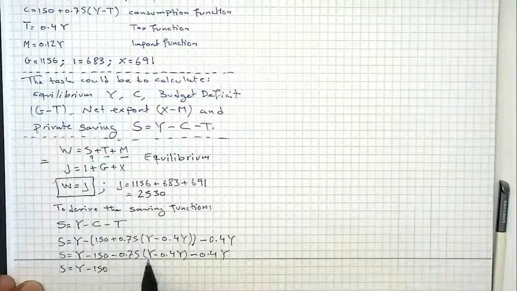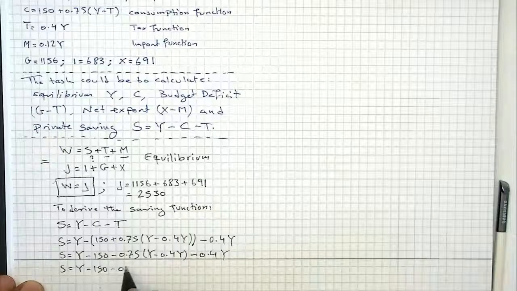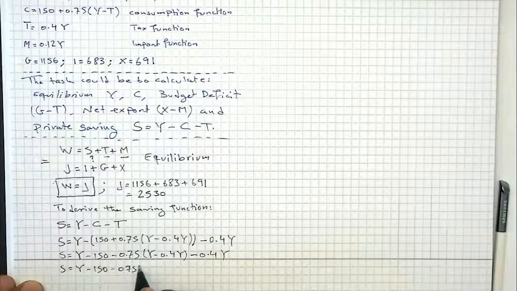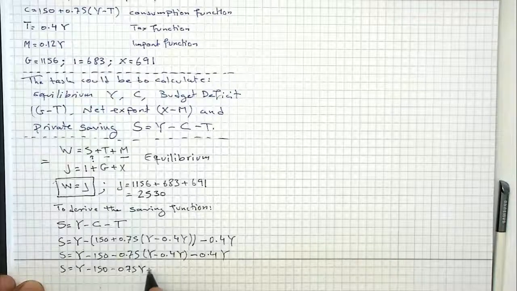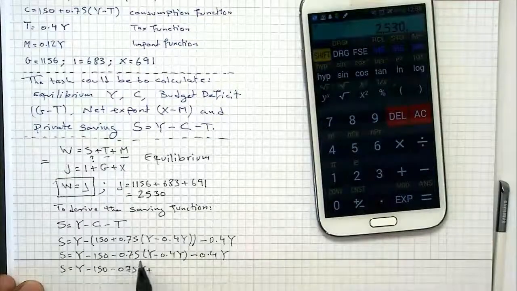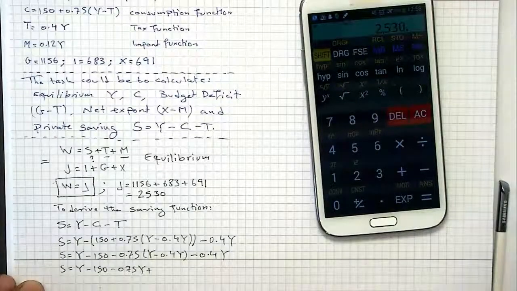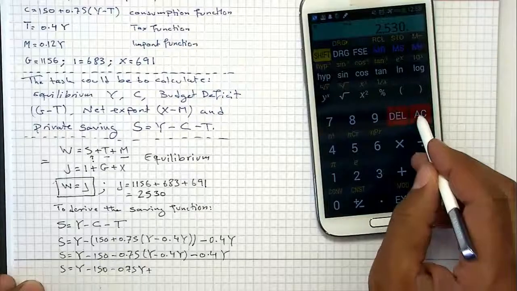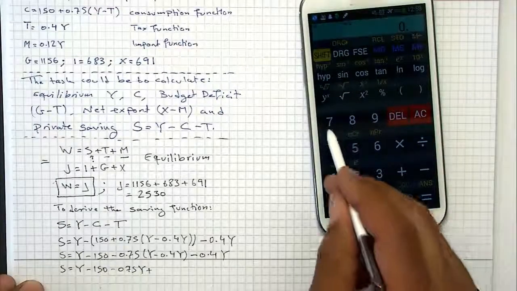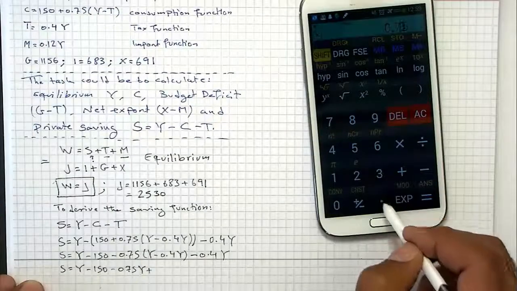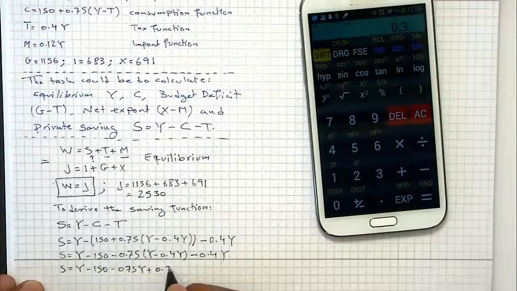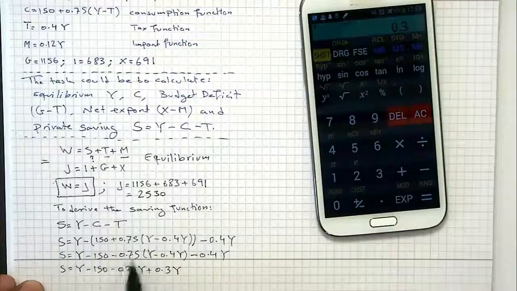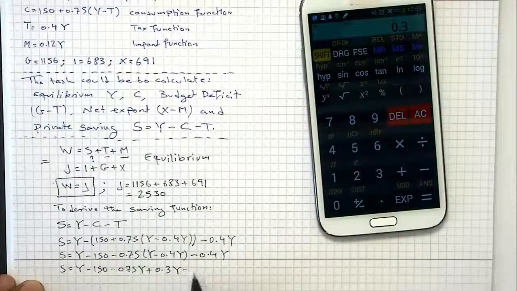So minus times plus is minus 0.75 Y, and minus times minus is plus, and then we have 0.75 times 0.4, and you can see what that is equal to. 0.75 times 0.4, it's 0.3 Y. So this time this is 0.3 Y minus 0.4 Y.